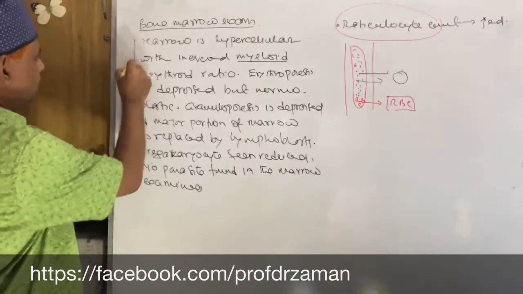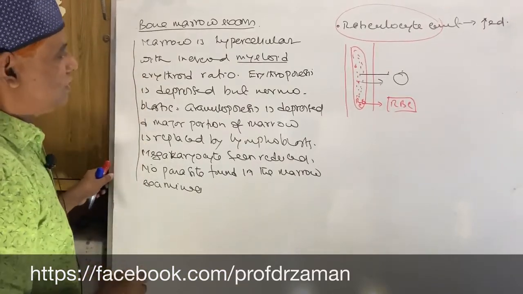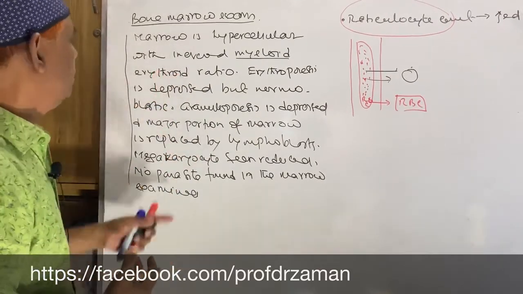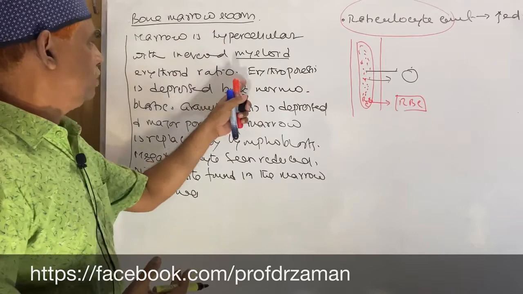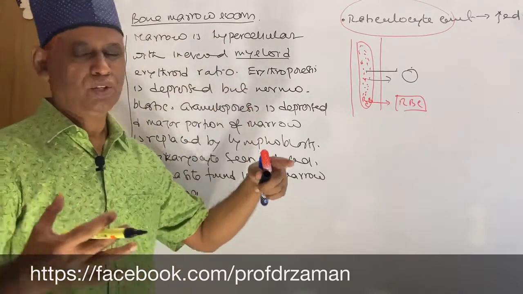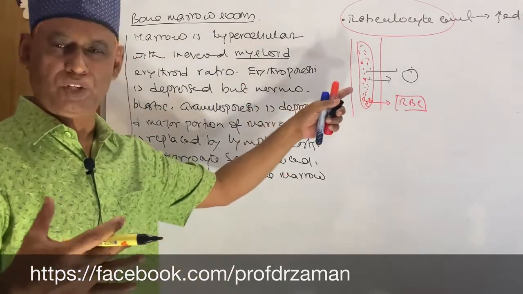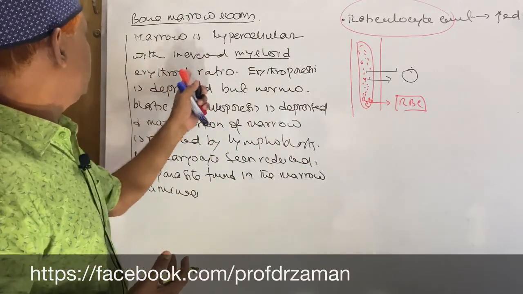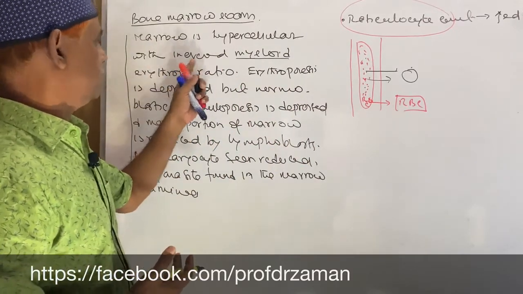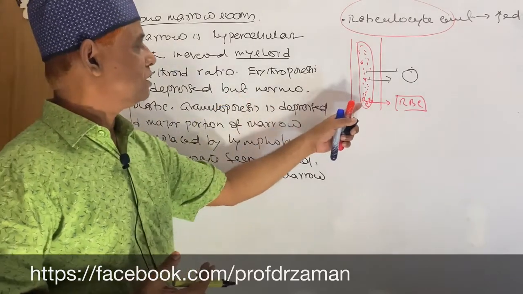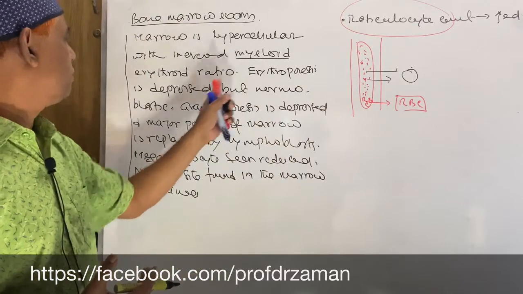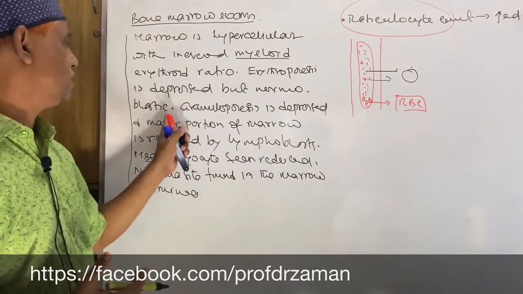Again I want to recall, as it is a cancer of the hemopoietic stem cell, marrow is hypercellular with increased myeloid erythroid ratio. As the myeloid series is increased due to lymphoid series cancer, the myeloid erythroid ratio is increased. As it is a cancer of the WBC series, erythropoiesis is depressed but it is normoblastic.